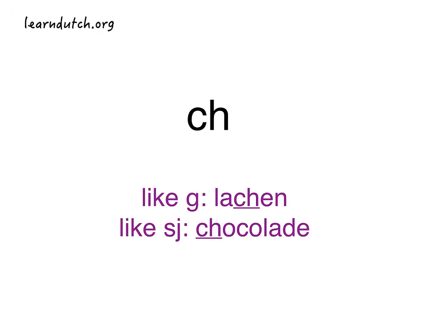C plus H makes G, same sound as the letter G, like in lachen, which means to laugh. But it can also be pronounced as sh, like in chocolade.